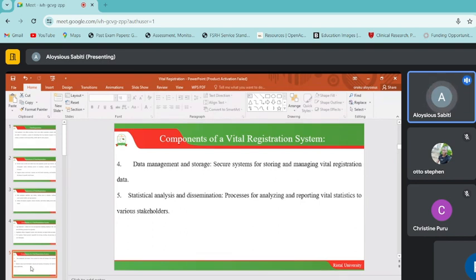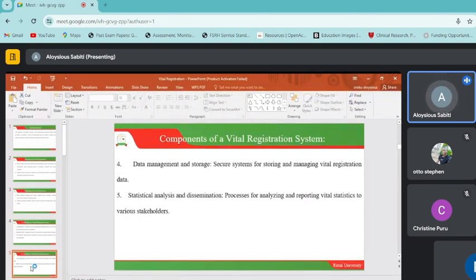And then fifthly, the other component is statistical analysis and dissemination, processes for analyzing and reporting vital statistics to various stakeholders. So having registered people using your vital registration systems, you should at last be able to statistically analyze and disseminate such information.